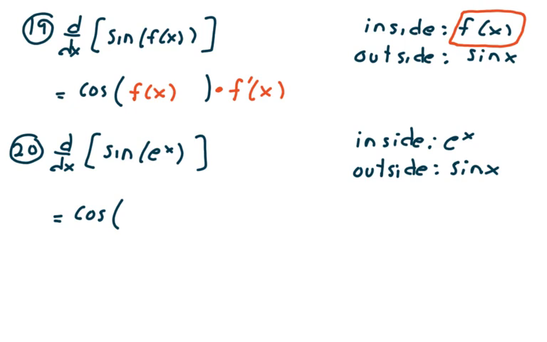So it's cosine of the inside function, which is e to the x. But I'm going to multiply that by the derivative of that inside function. Okay? Just understand that the derivative of the inside, the derivative of e to the x, happens to be e to the x. Okay? That's 20.